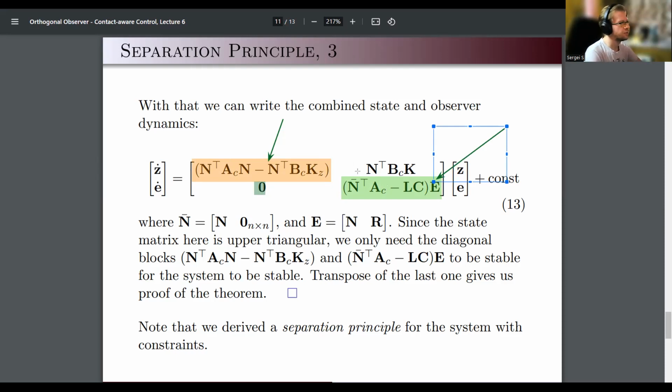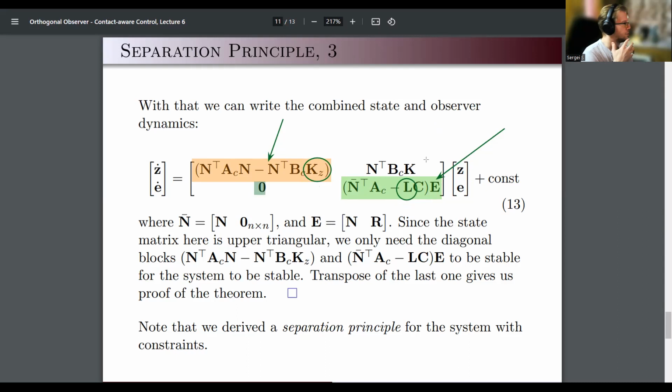It's very important. It allows us to separate control design from observer design. Why do I say that? Notice the controller KZ appears only in the orange block. Notice that the observer variable L appears only in the observer block.